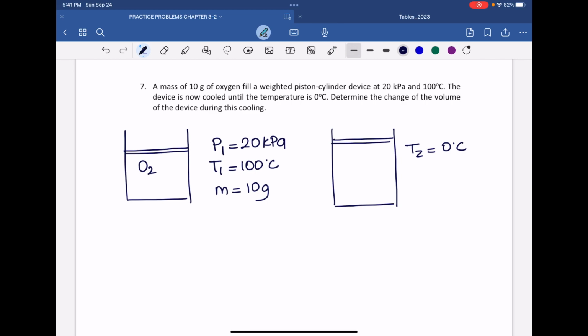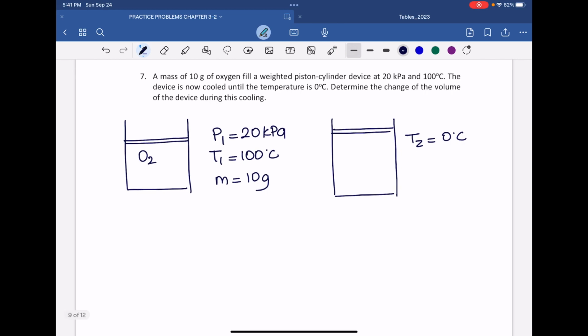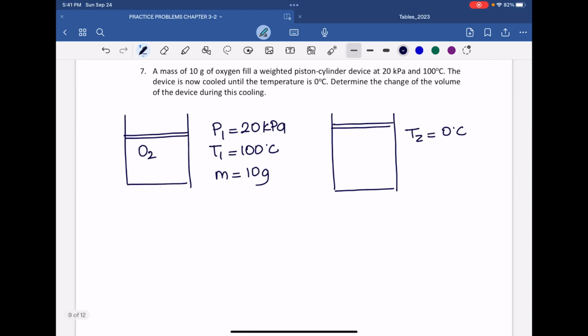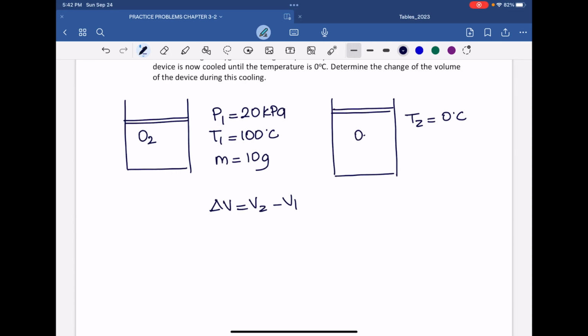We don't know anything else in here. So determine the volume change. Okay, so we need to find the volumes at the first and the second state, right? And these should be found from the tables where we can read the specific volume. Let's take a look at it.